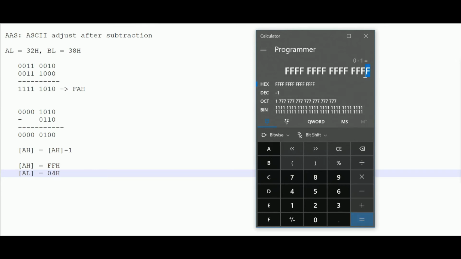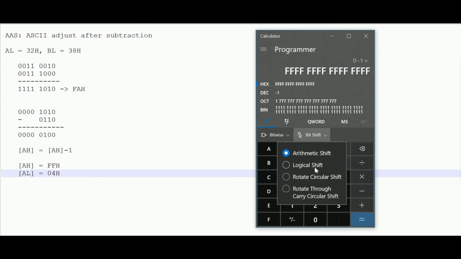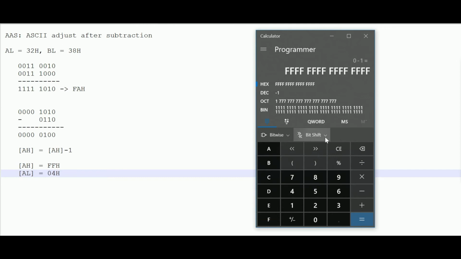If you count the number of F's here, there are 16 in number. Each F represents 4 bits, so you can guess that my system is a 64-bit system. You can explore this calculator more. There are arithmetic shift, logical shift, rotate, circular shift, rotate through carry. All these things which we have already discussed in the 8086 instructions, you can explore in your Windows calculator.